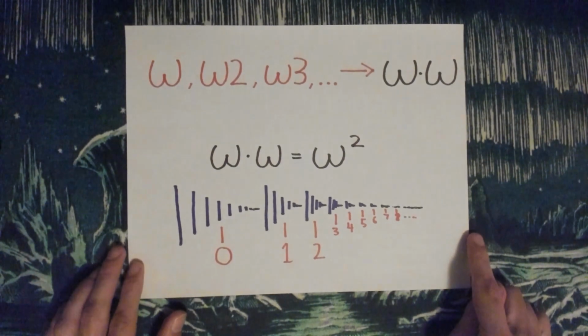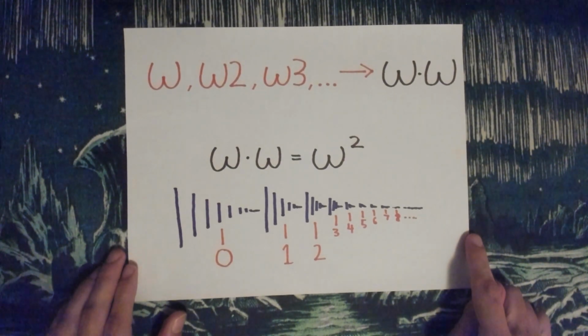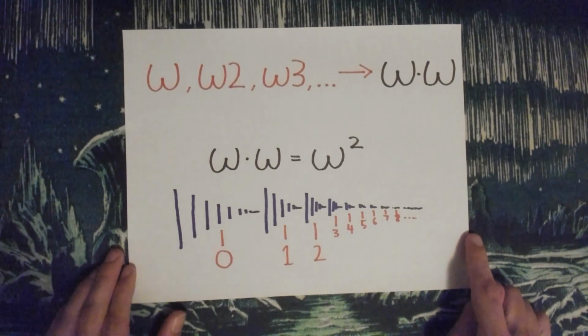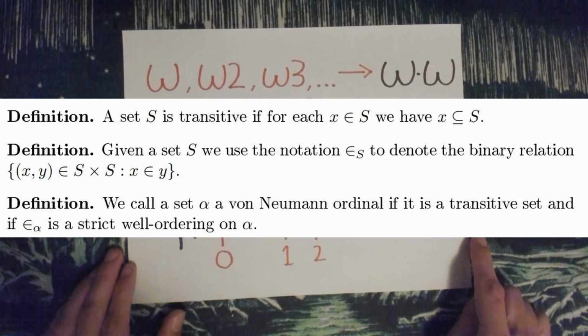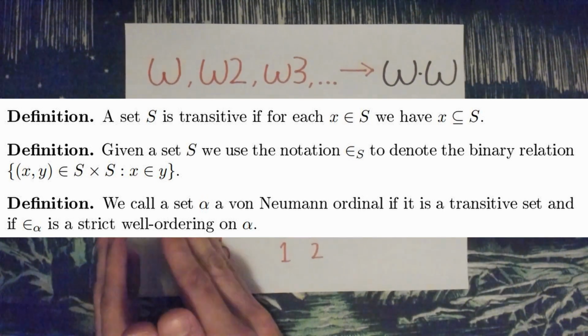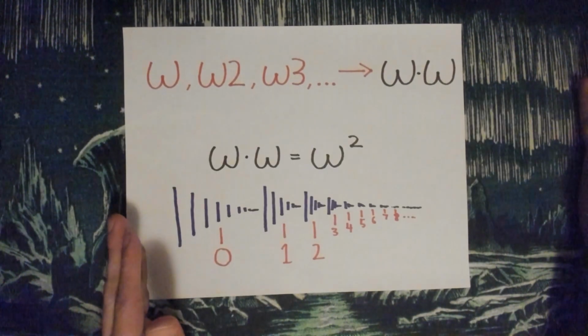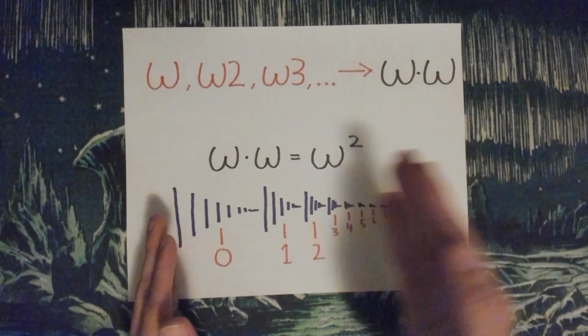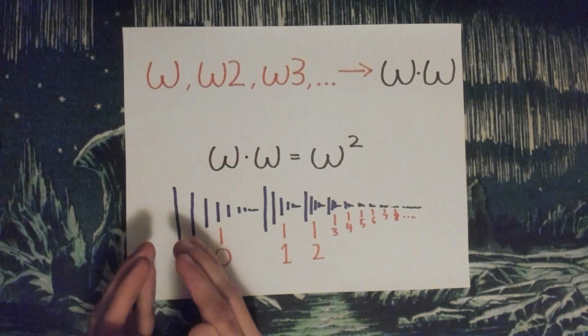Just like with how every natural number is small, in a sense, in the same way, every ordinal is small, in a sense. Just how for any natural number, there's infinitely many natural numbers greater than it, but only finitely many natural numbers smaller than it.